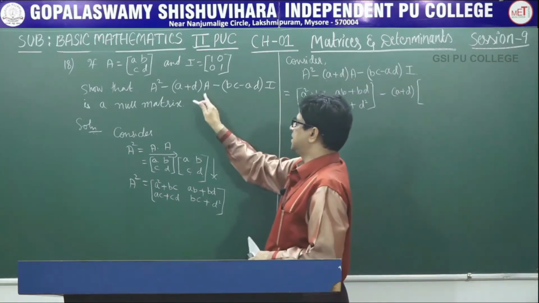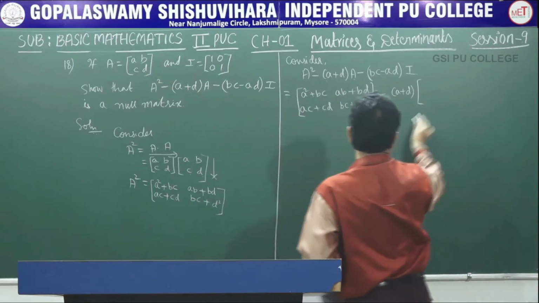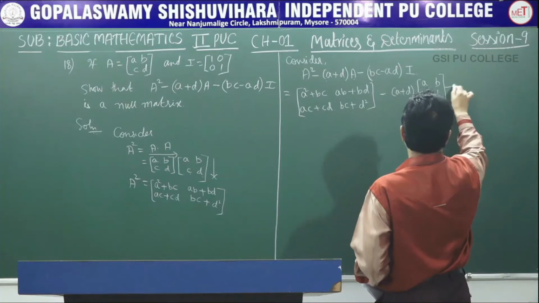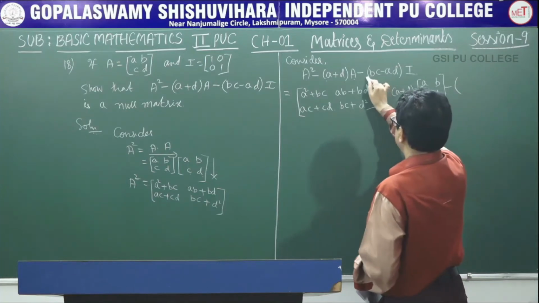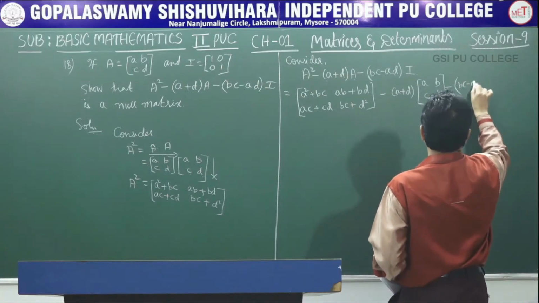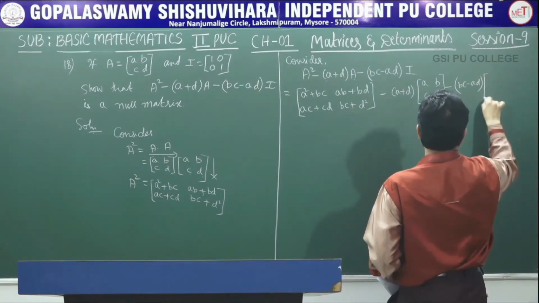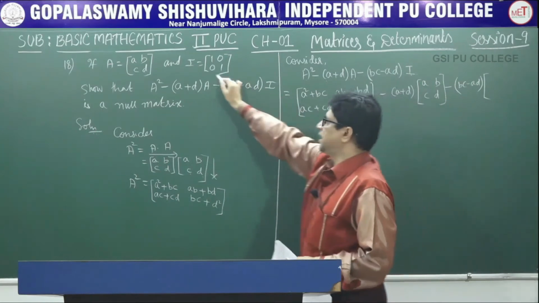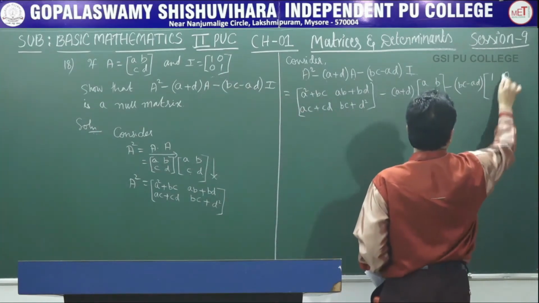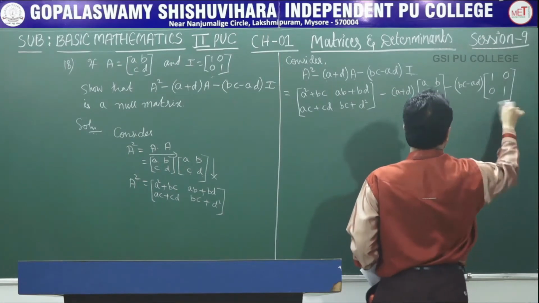So A matrix is A, B, C, D, minus of BC minus AD into I. I is the identity matrix, that is 1, 0, 0, 1.